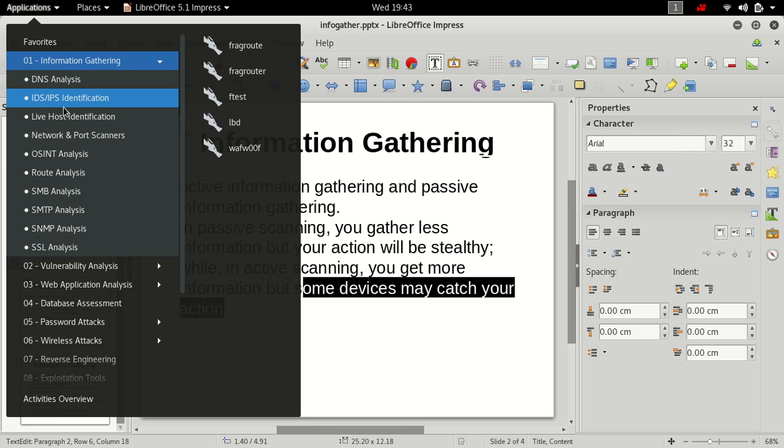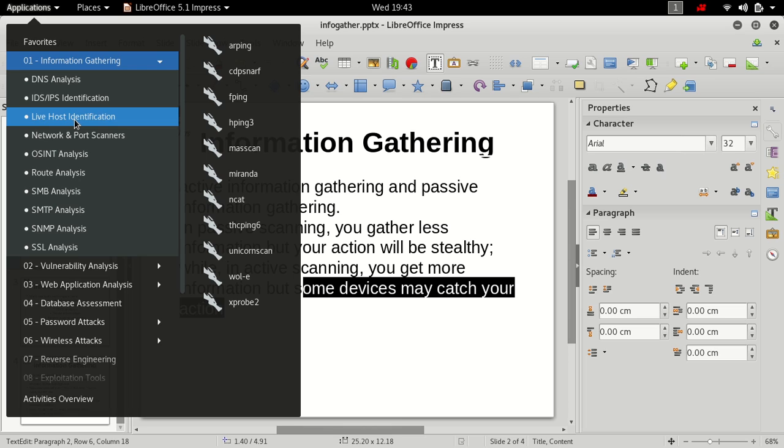IDS and IPS both work as a mediator. Whatever data comes from the outside world or goes from the host or server, these two devices check all the packets. If they find any packet suspicious, they block the traffic at that point.